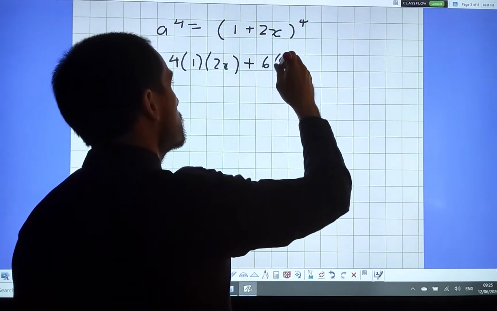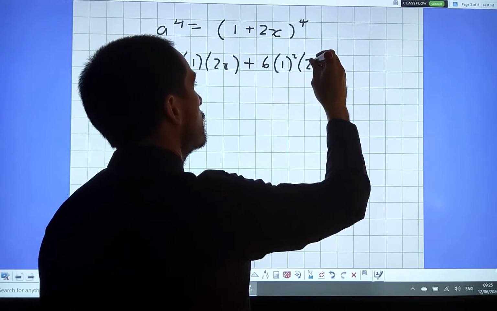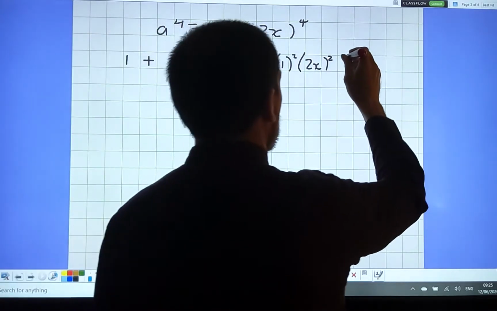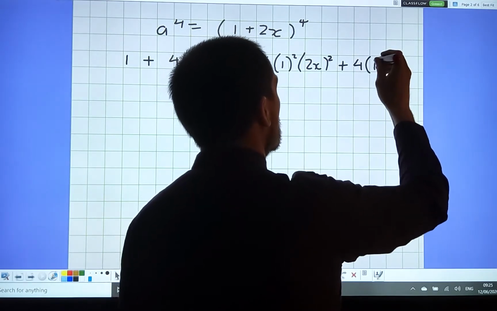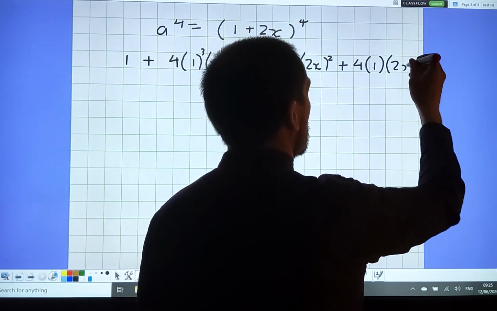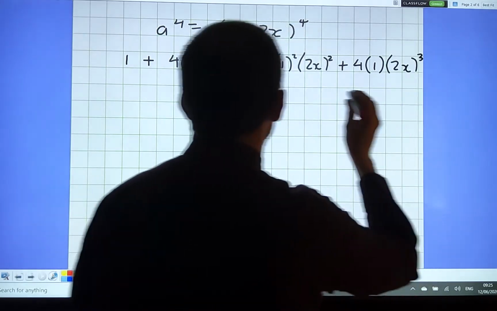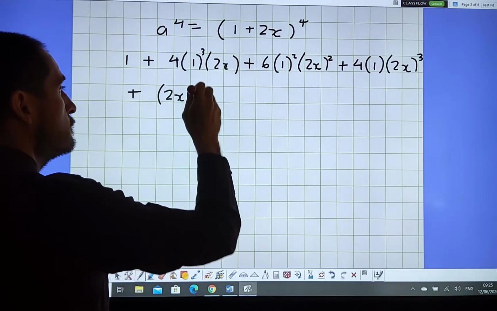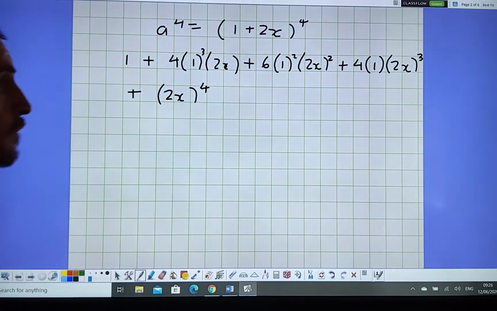We have to do our multiplying here, that's a very easy thing to forget. Plus 6 times 1 squared times (2x) squared plus 4 times 1 to the power of 1 times (2x) cubed plus (2x) to the power of 4.